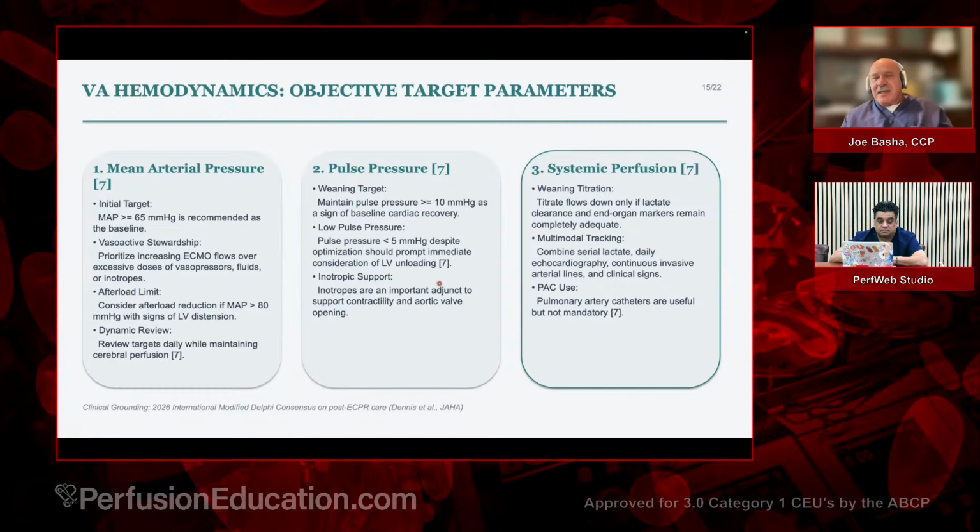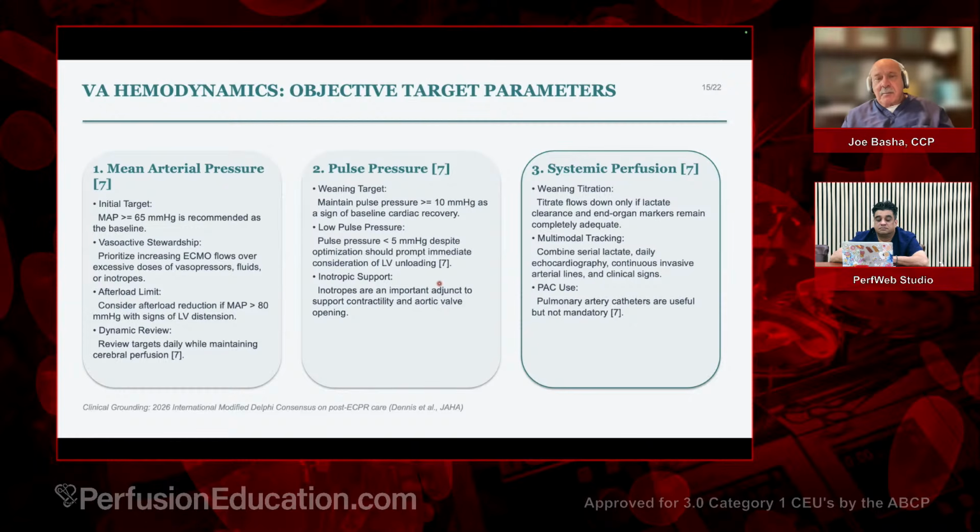Pulse pressure: maintain a pulse pressure of equal to or greater than 10 as a sign of baseline cardiac recovery. That can be masked if you have an Impella in, a 5.0 Impella, or even a CP in. You may have to turn that power down a little bit in order to see the LV ejecting.